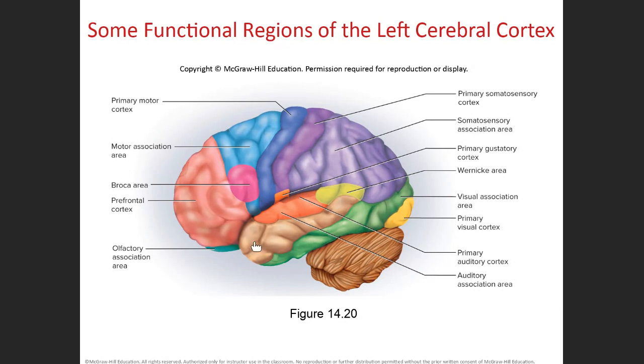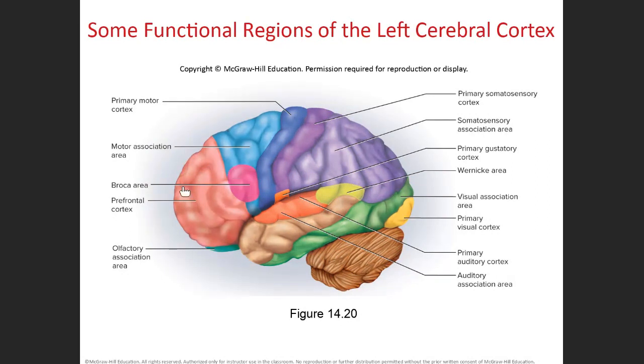Well, it's medial, but it's also a little bit anterior. So that middle cerebral artery directly supplies the Broca's area, which is why in stroke, this is the area we're definitely going to see affected. But that middle cerebral artery does also supply other areas near Broca's area, like this motor association area.